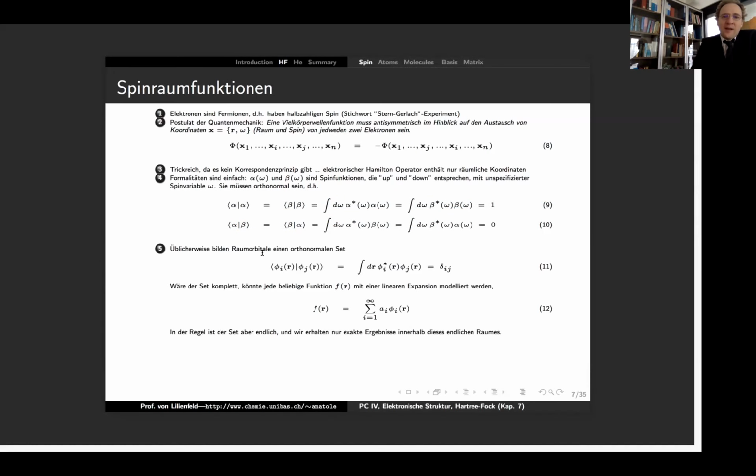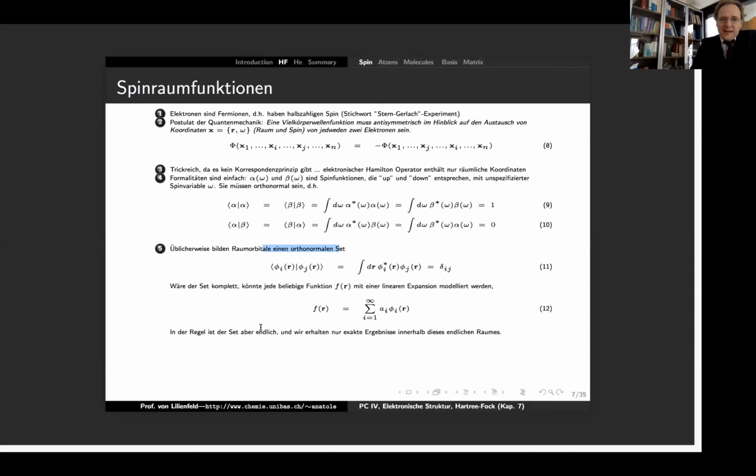And now the spatial orbitals typically form an orthonormal set. And so if this set is complete, as we discussed in the second chapter, any arbitrary function could be modeled by a linear combination of these functions, so by some series expansion.